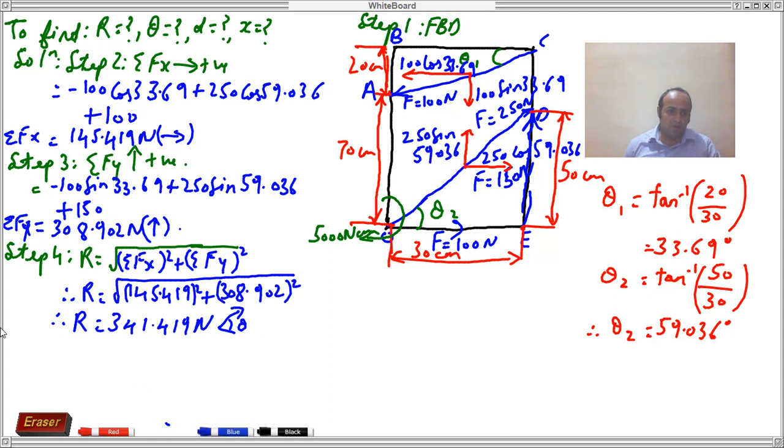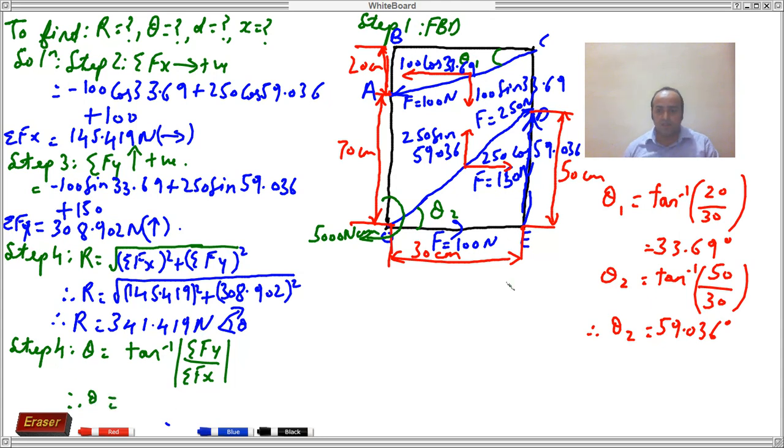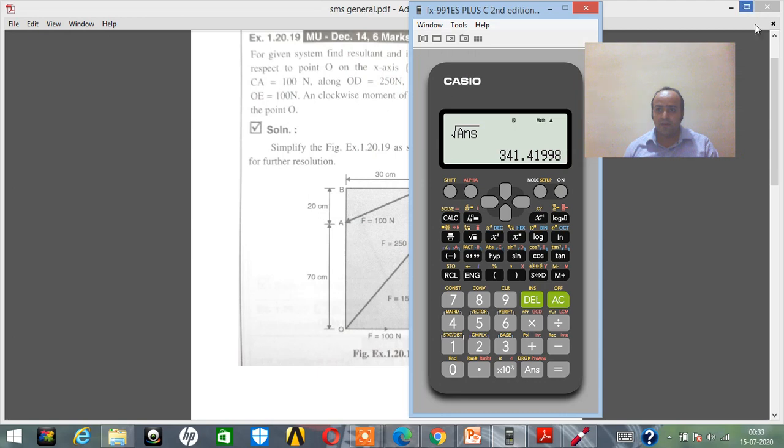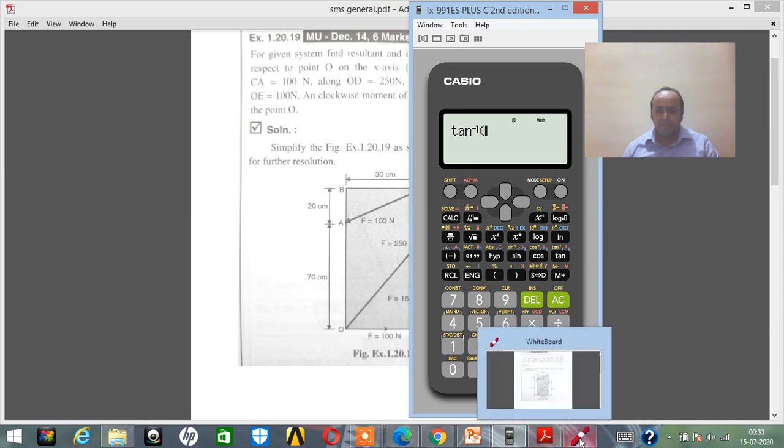Therefore, the next step is to find out theta, which is equal to tan inverse of mode of summation Fy by summation Fx. Therefore, I can just do the calculation directly, my dear friends. Theta is equal to tan inverse of Fy by Fx.